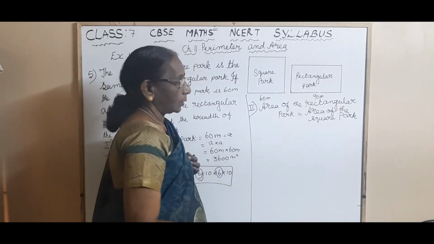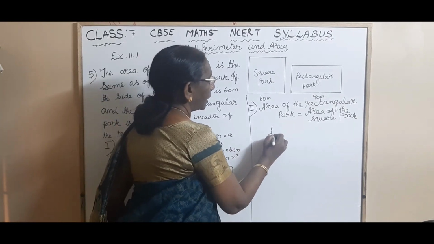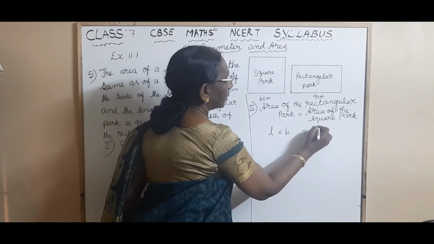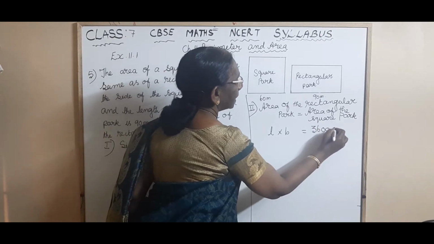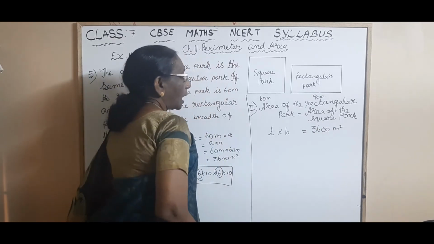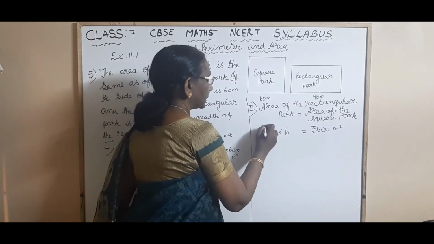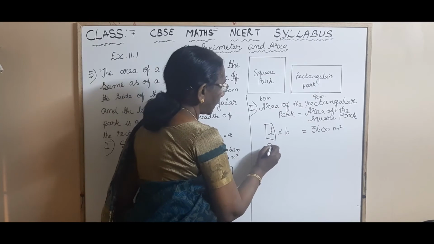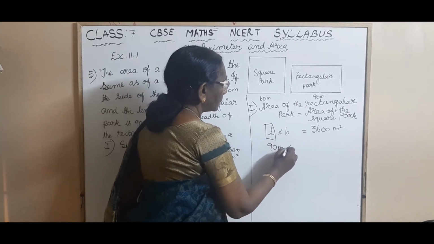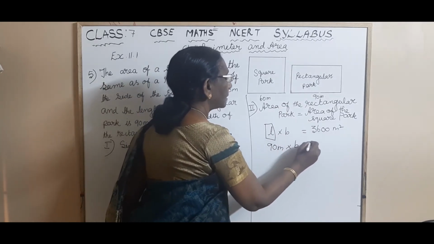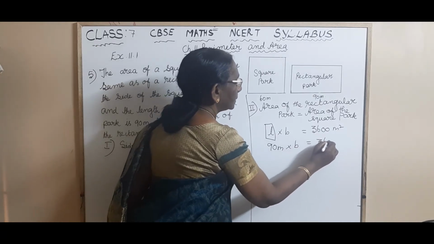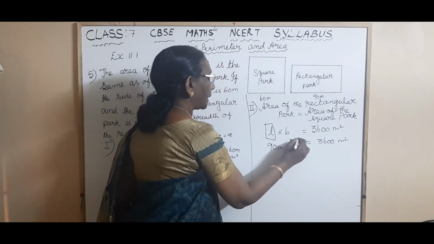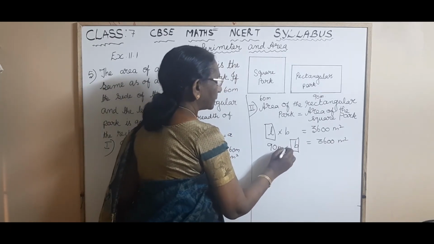Length into breadth. You write the formula: length into breadth is equal to 3600 meter square. And you are given the length, so in the place of length, you write 90 meter. So 90 meter into breadth is equal to 3600 meter square.